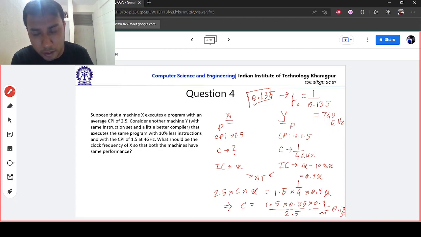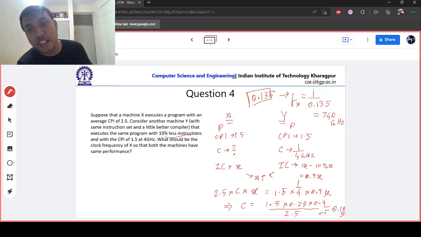About the IC, let it be X for the first machine, and the second machine executes the program in 10% fewer instructions, so it will be X minus 10% of X, that is 0.9X.